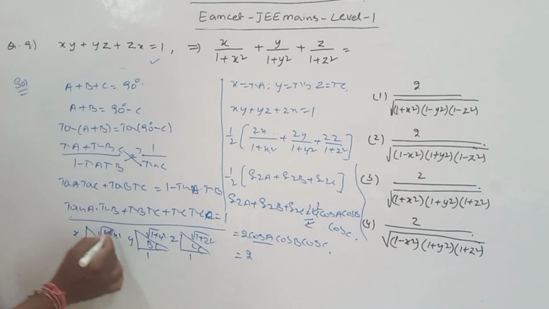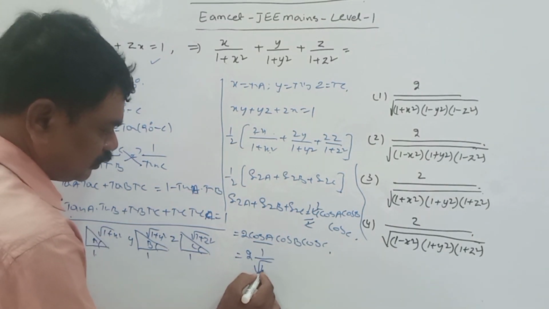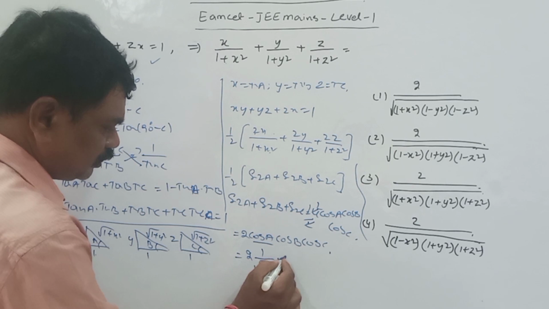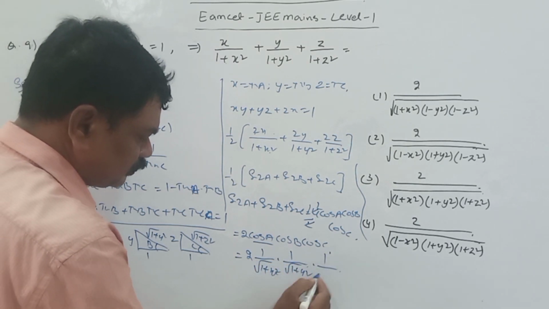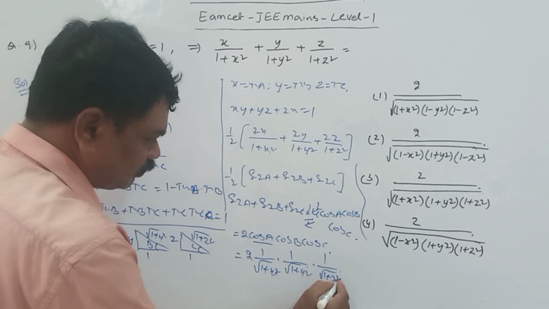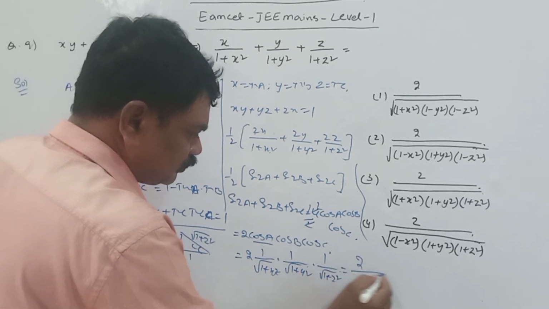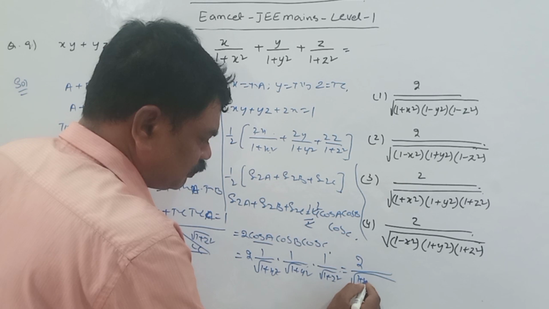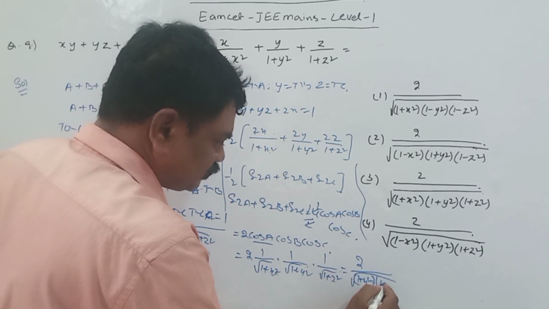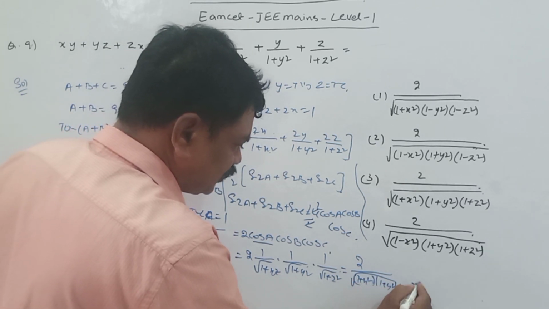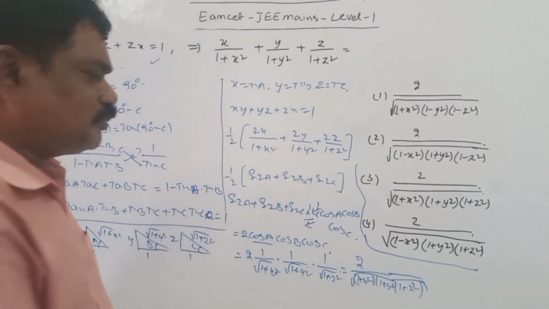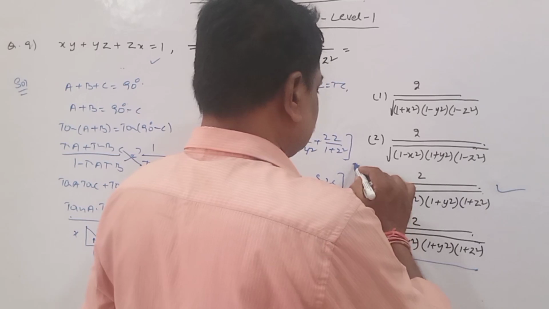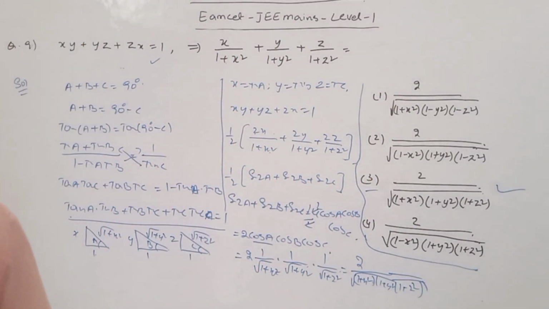Cos a is equal to 1 by root over 1 plus x square into 1 by root over 1 plus y square into 1 by root over 1 plus z square. That is 2 by root over 1 plus x square into 1 plus y square into 1 plus z square. Okay, all of you. So option 3 is the answer.